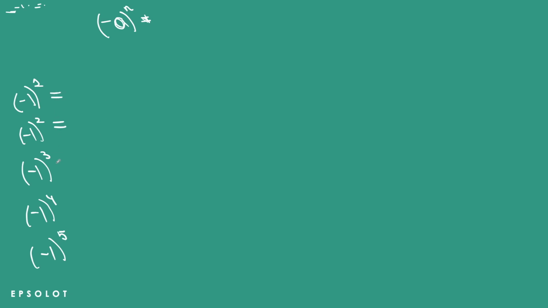Before we begin, let me update your memory if you don't know already. If you have a positive number being multiplied with a negative number, you get a negative number. If you have a negative number multiplied with a negative number, you get a positive number. And a positive number multiplied with a positive number gives a positive number.